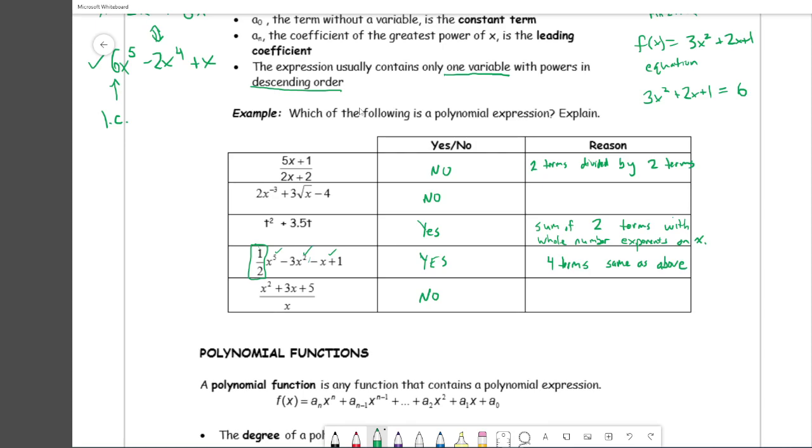So maybe a better way of saying what I said up here would be there is an x in the denominator. And if there's an x in the denominator, you don't really have a polynomial. Okay, you have something else. This would fail for the same reason, right? We would just write x in denominator. And as soon as you see that, you know that what you have is not a polynomial.